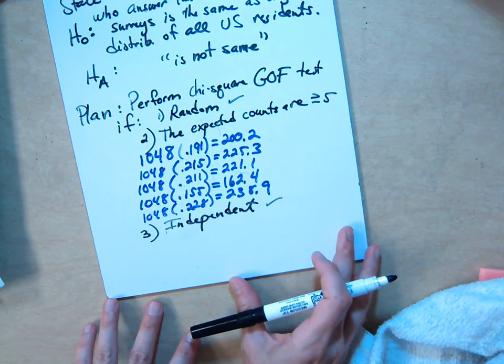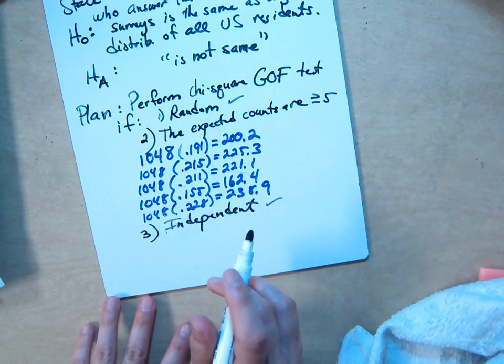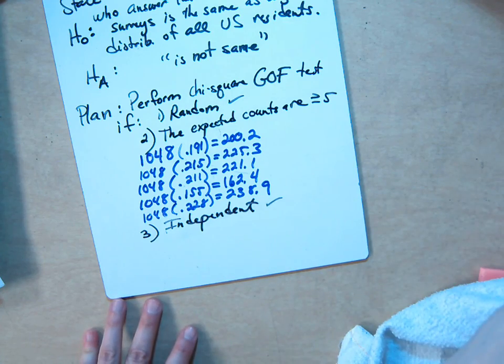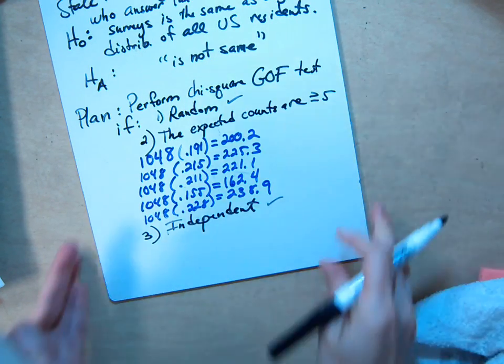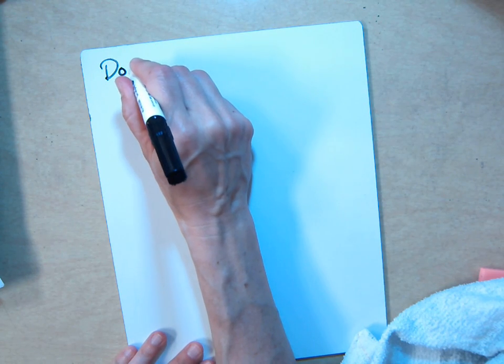So that's our plan. And then our do is we're going to compute chi-squared. Now you can shortcut this on the test and on my test and the AP test by just showing the first two.